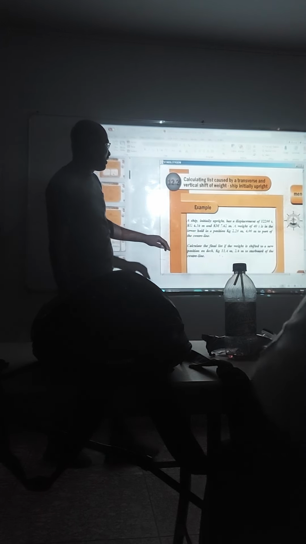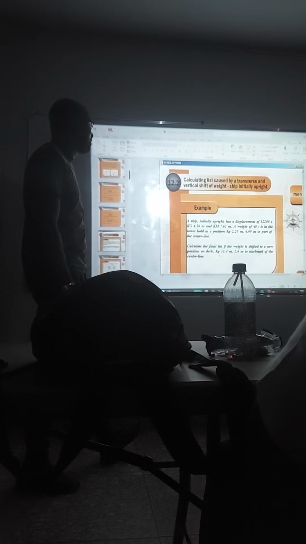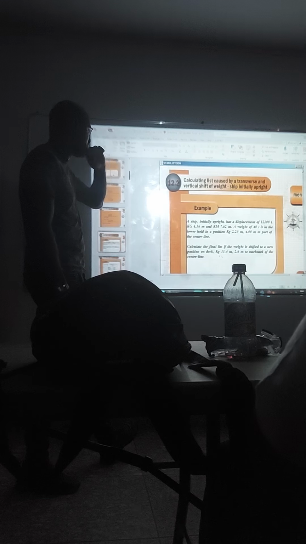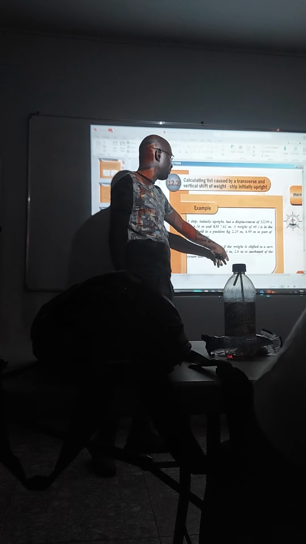So what they say here is that a weight of 40 ton is in the lower hold in a position KG 2.20 meters, 4.0 meters to port of the center line. Calculate the final list if the weight is shifted to a new position on the deck, which is 11.4.